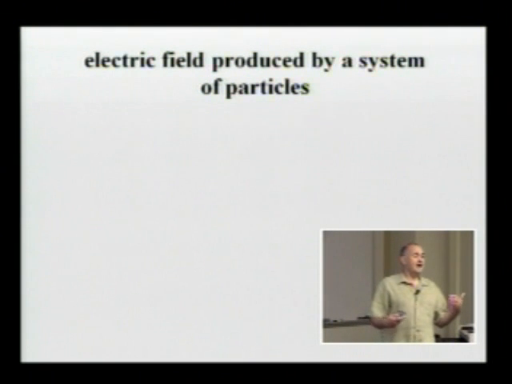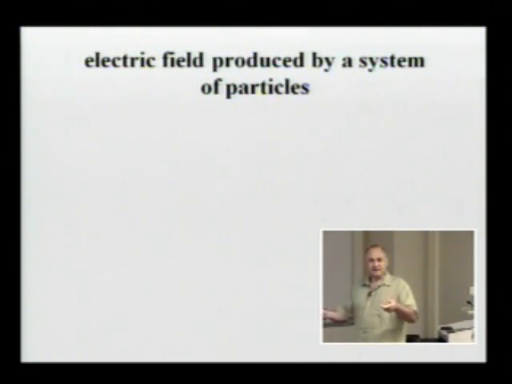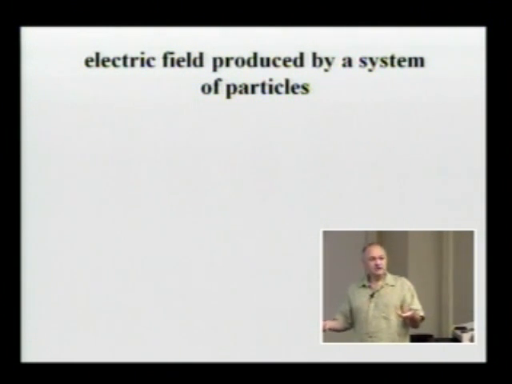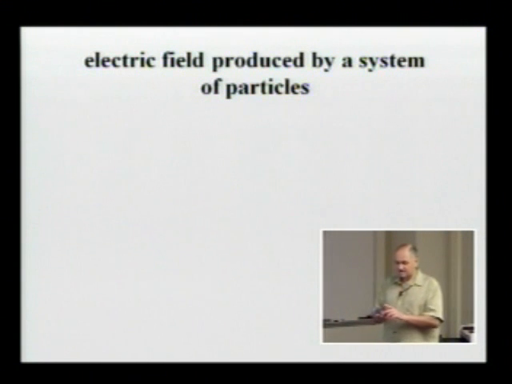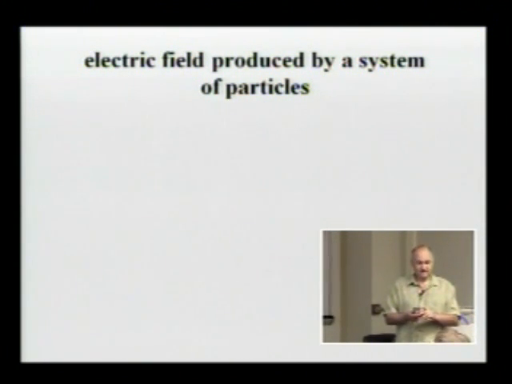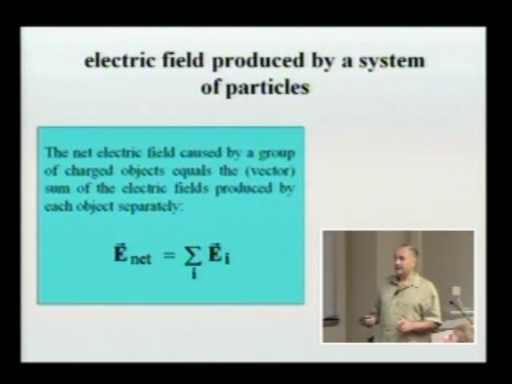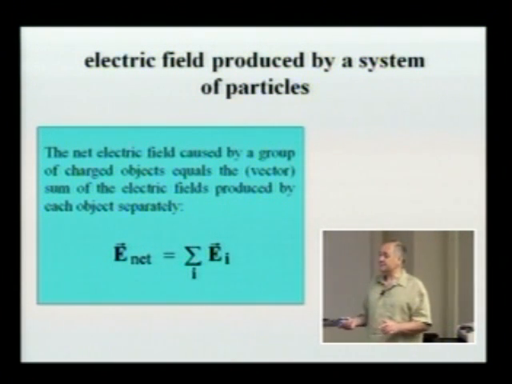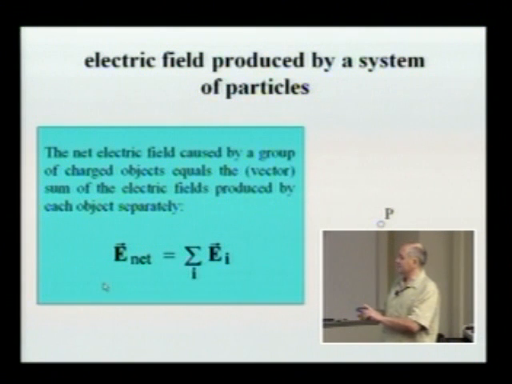So we can have a situation in which we want to determine, at a particular location, the electric field produced by more than one particle. And because we add forces vectorially, this is how the electric field became a vector as well.